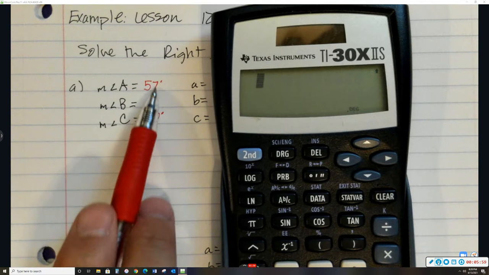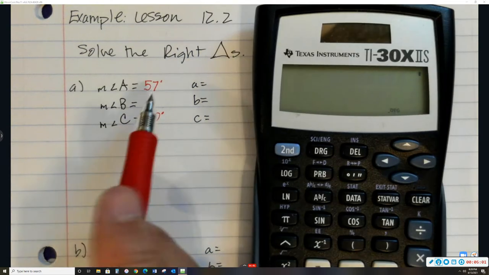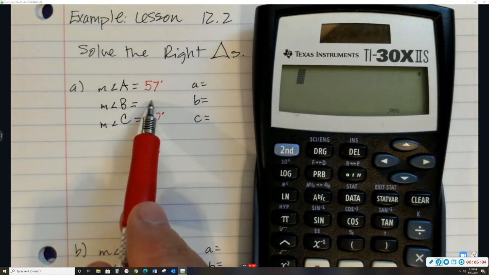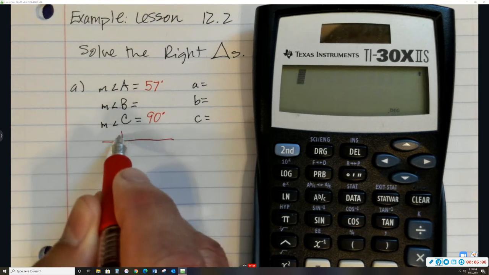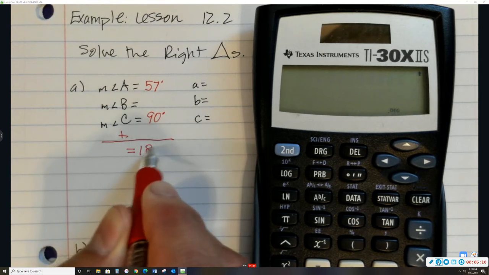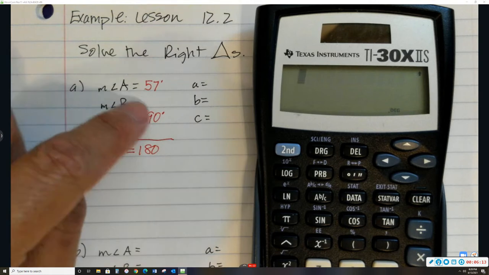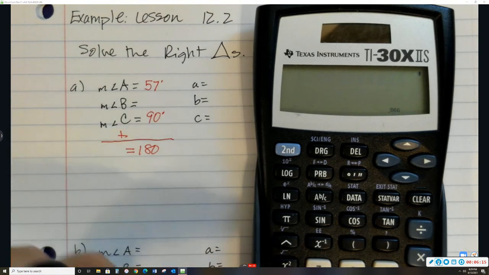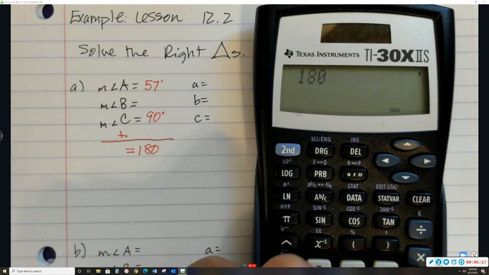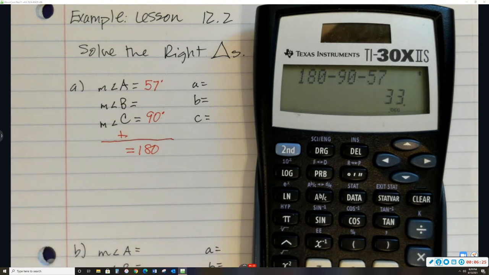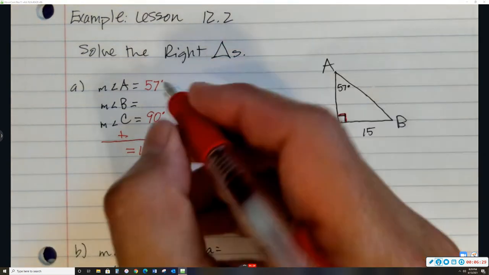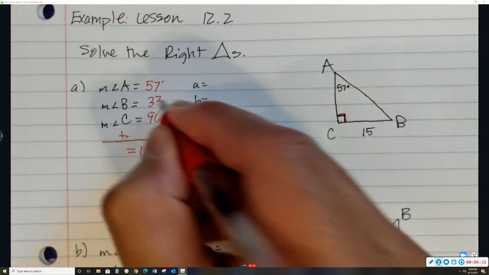If I add up 57 plus whatever this is plus 90, it has to equal 180. So I can take the 180 and subtract out the two that I know: 180 minus 90 minus 57 equals 33. So angle B is 33 degrees.